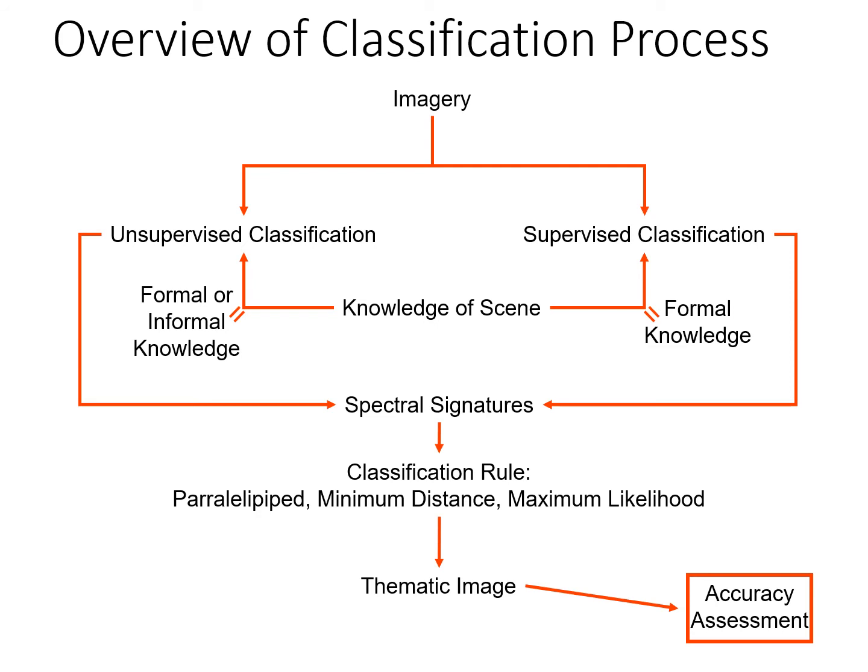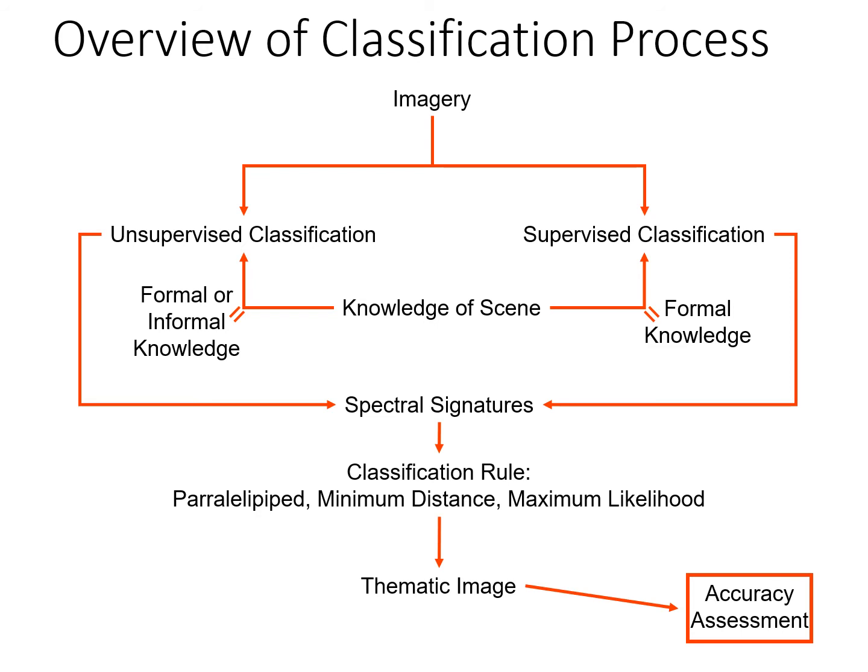When you're done with that, you then have a thematic image. So an image where every pixel has had a class assigned to it. And then critically, and we'll talk about this in the next lecture, you have to do an accuracy assessment. The human eye-brain combination is very good at tricking itself into thinking that it's created a map that looks like your idea of what's out there in the real world.